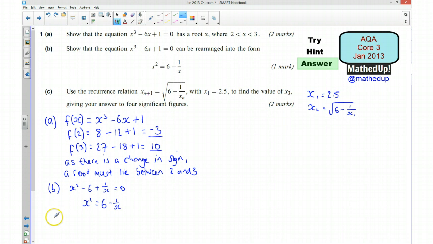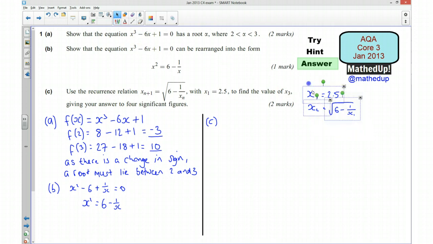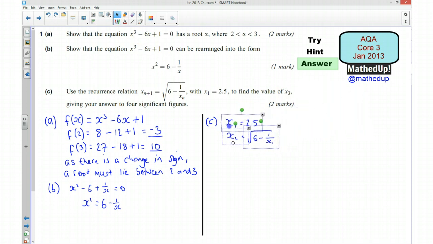Okay, part C. We're going to use this recurrence relation with x1 equal to 2.5 to find the value of x3. So I said that x1 is 2.5 as we're told.